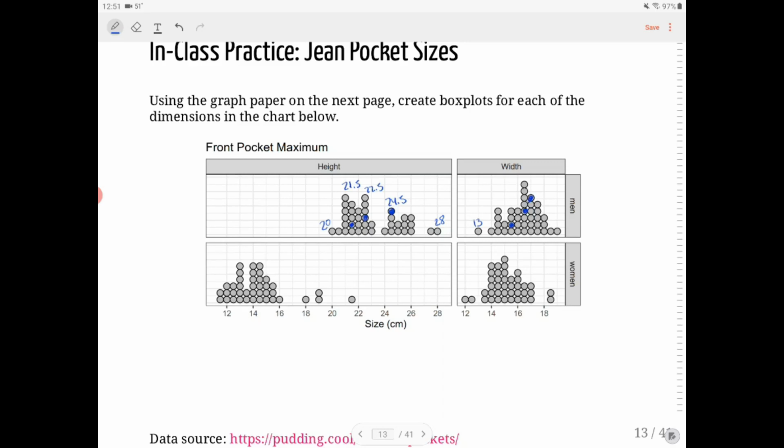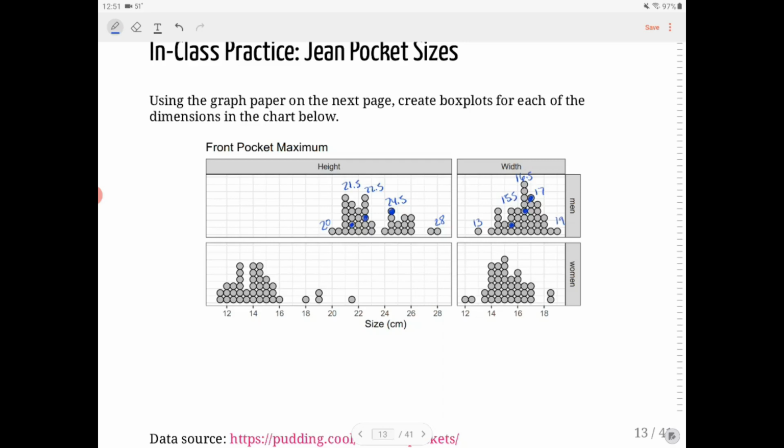All right, so we have 19 as the highest, and then 15.5, 16.5, and 17. All right, so there's all of the 5 numbers we need for that.